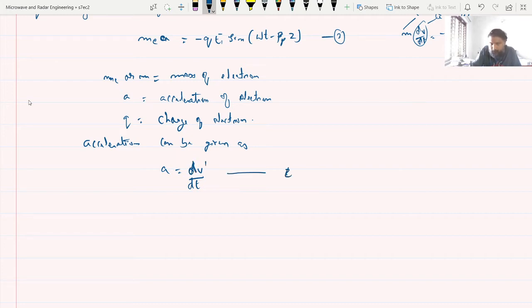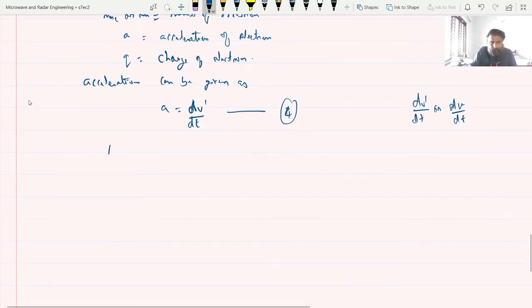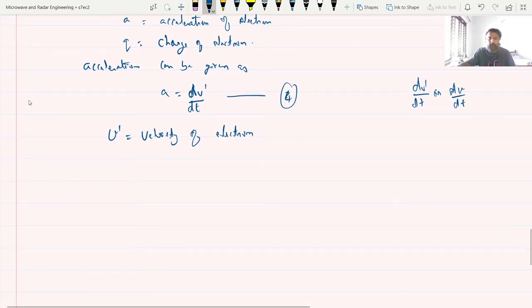Call this equation 4. dv dash or dv, both are the same. In your book it is written as dv by dt. So v dash is nothing but the velocity of the electron.